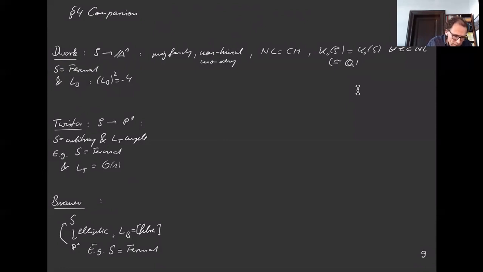Now, the twistor family was again a one-dimensional family of K3 over P1. This worked for every K3 surface with an ample line bundle LT. I could apply this to the Fermat quartic, and then the line bundle I would take would be the hyperplane line bundle O(1), and its square is of course 4. This family is not projective. It has trivial monodromy.